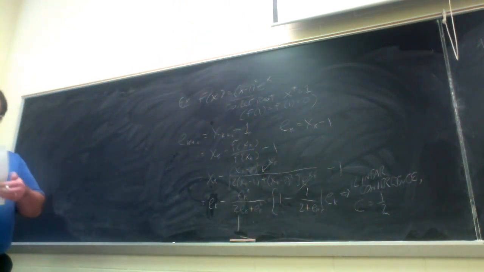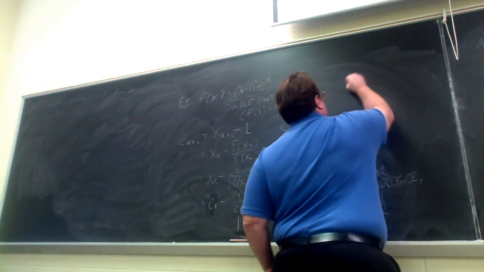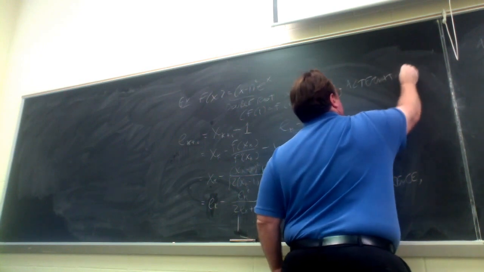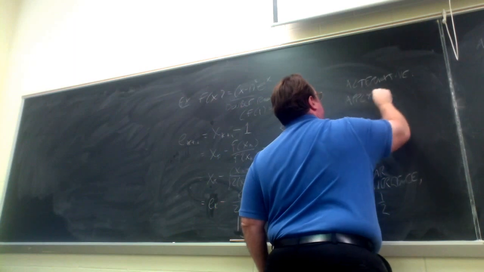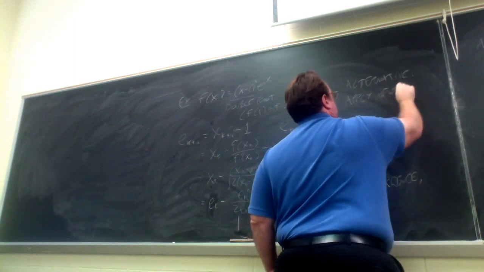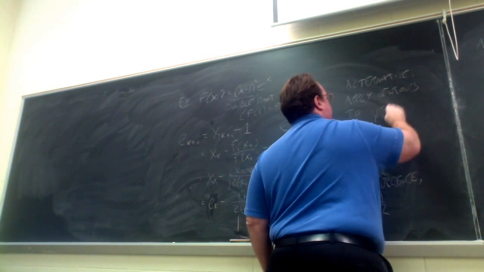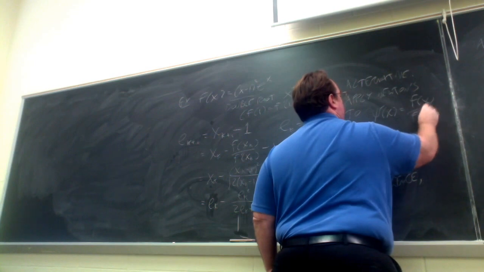Now you have some options. One way to work around this is, instead of applying Newton's method directly to f, you define this new function psi, which is f over f prime.